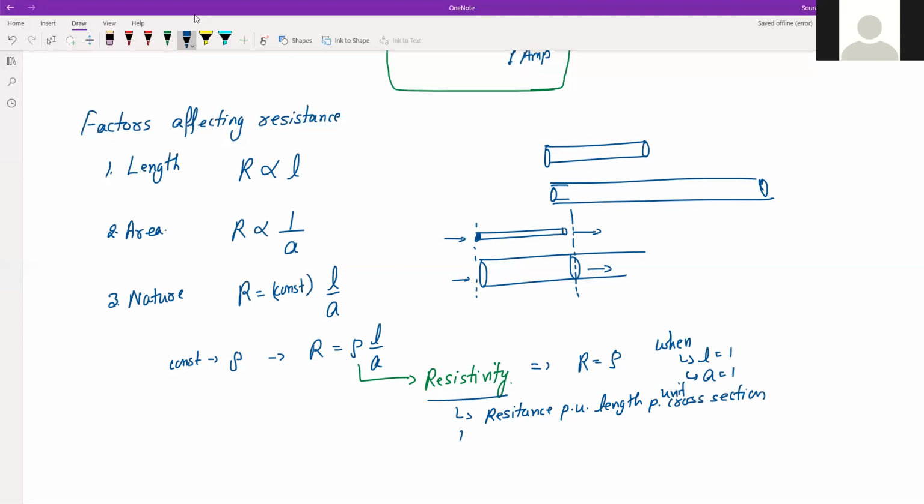Or you take a sample whose length is 1 meter and whose area of cross section is 1 meter square, and the resistance offered by that is called resistivity. Right? So that is what resistivity is.